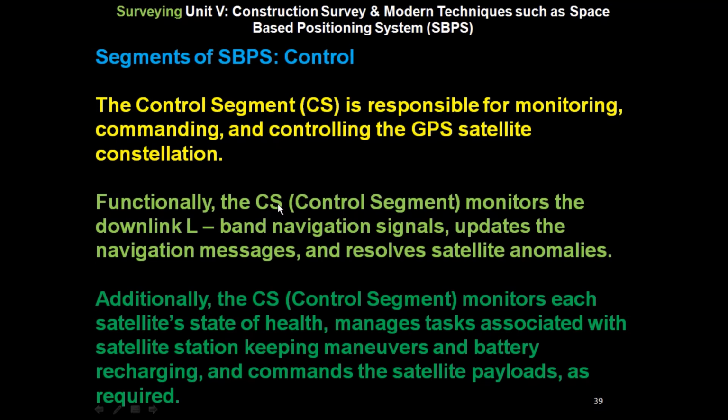Functionally, the CS monitors the downlink L-band navigation signals, updates the navigation messages, and resolves satellite anomalies. Additionally, the CS monitors each satellite's state of health, manages tasks associated with satellite station keeping maneuvers and battery recharging, and commands the satellite payloads as required.